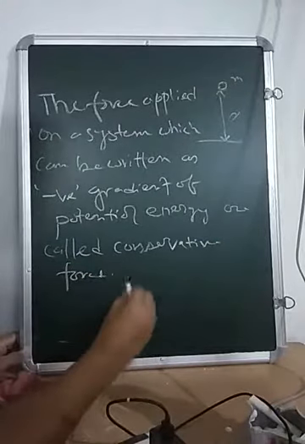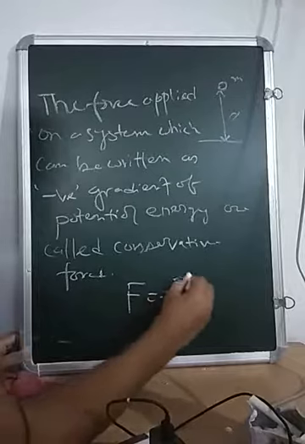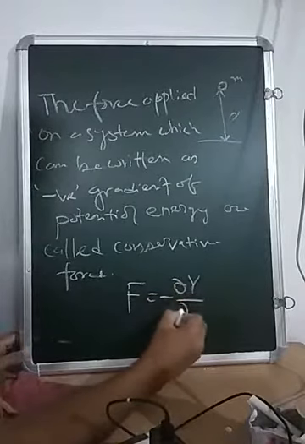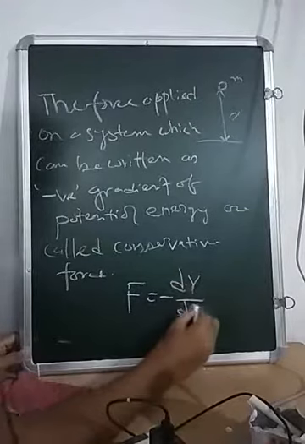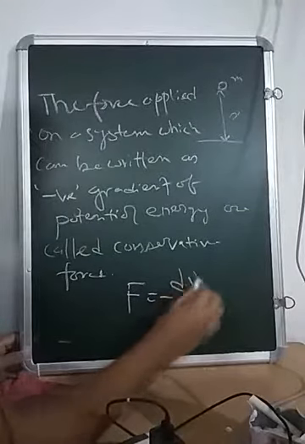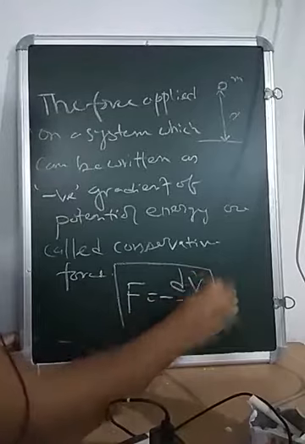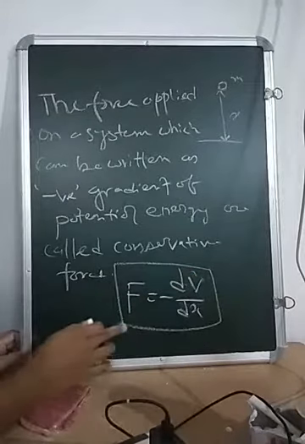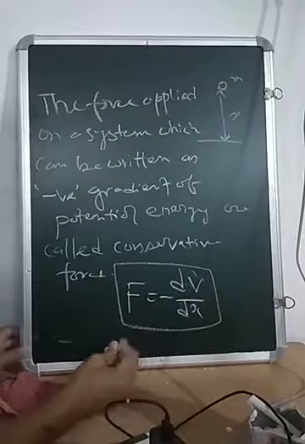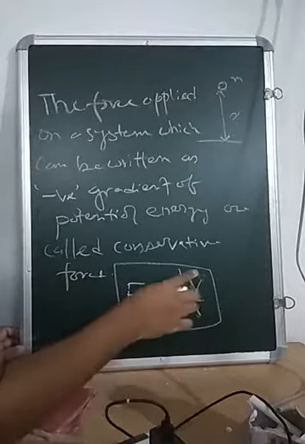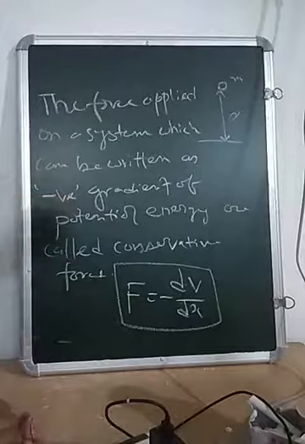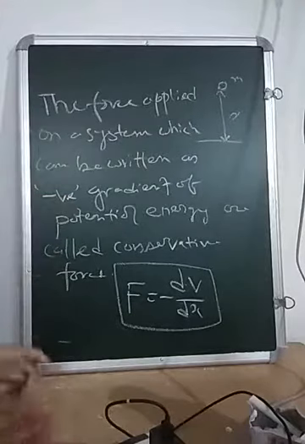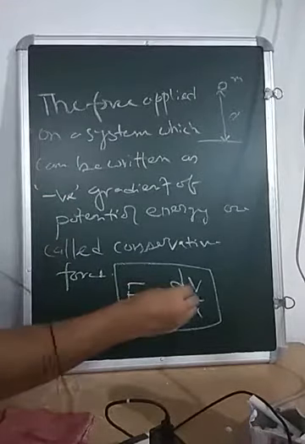Mathematically, how do we represent this conservative force? F is equal to minus dV by dx. So this is the condition for a force to be conservative. That is, force applied in a system can be represented as a negative gradient of potential energy.